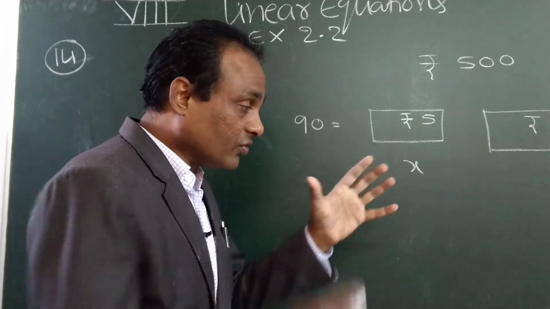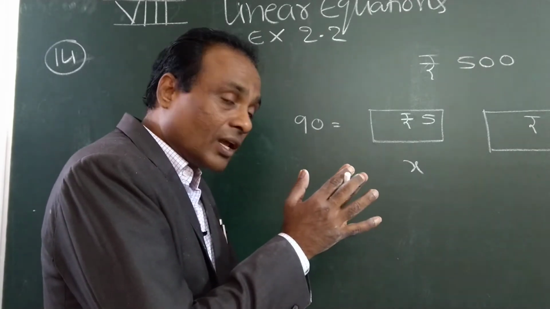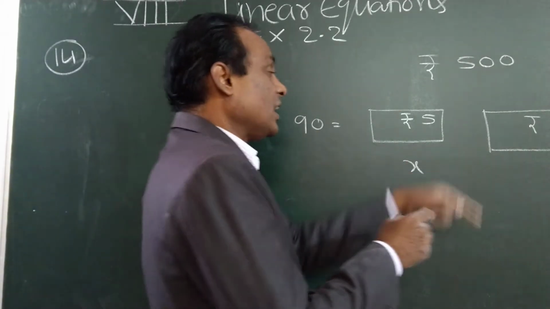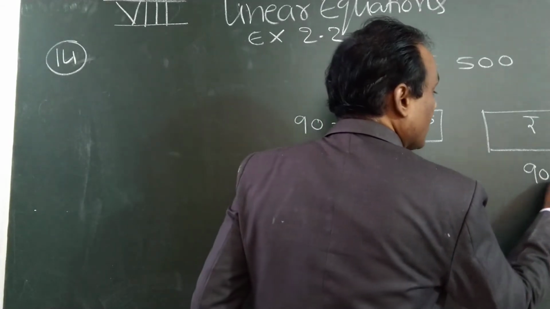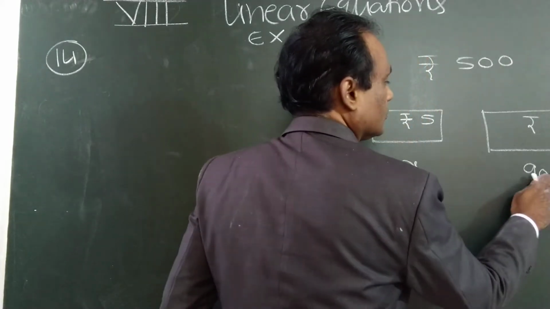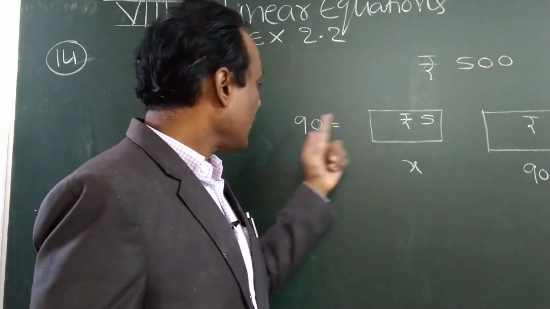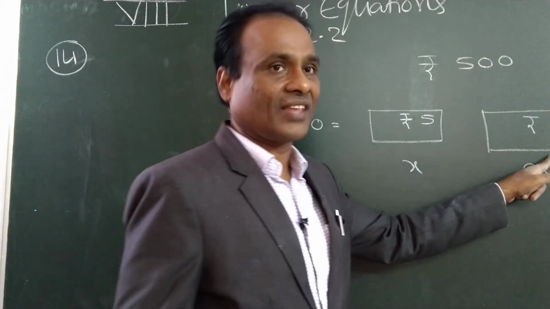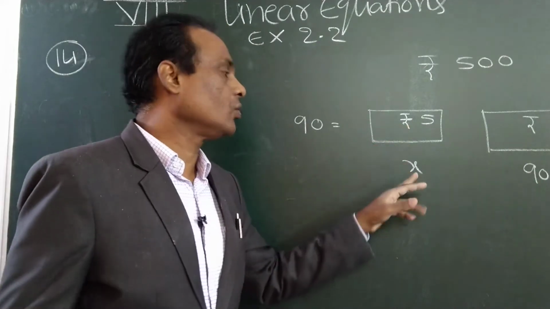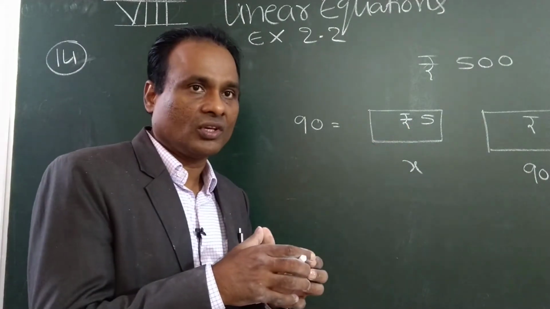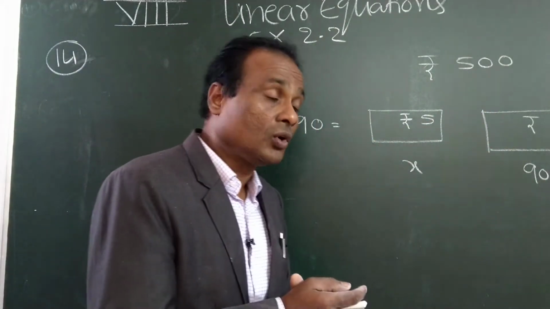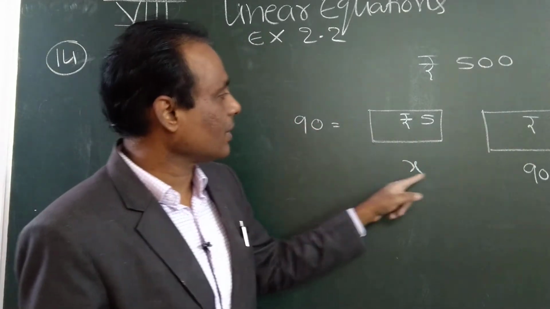If we have X number of 5 rupee notes, then the number of 10 rupee notes will be 90 minus X. Because if 5 rupee notes are 80, 90 minus 80 is 10. Same way, suppose 5 rupee notes are X, then the 10 rupee notes are 90 minus X.